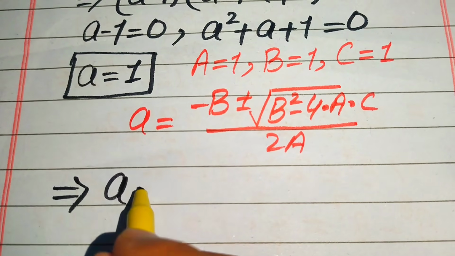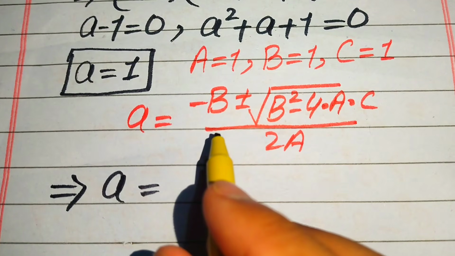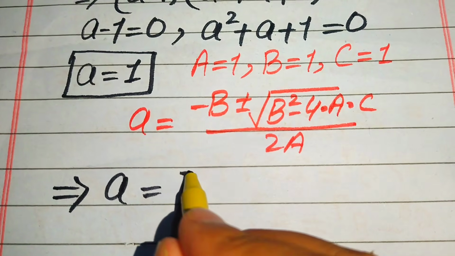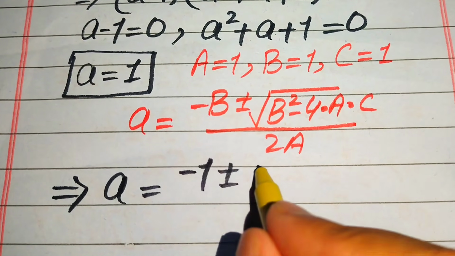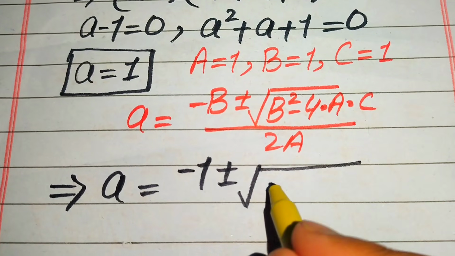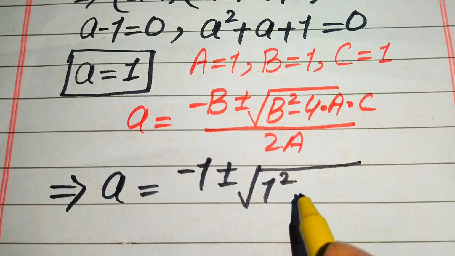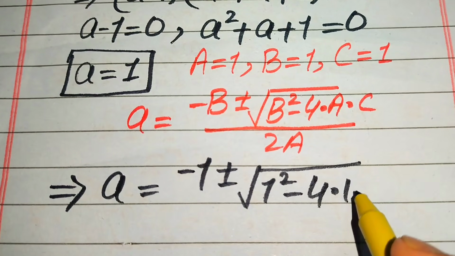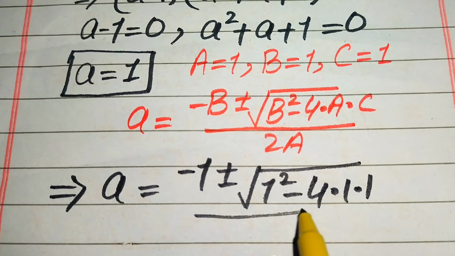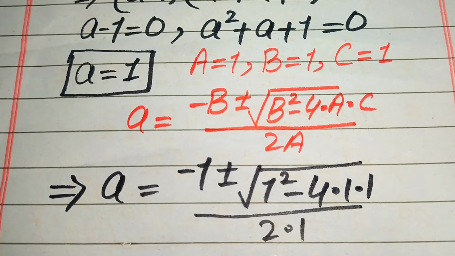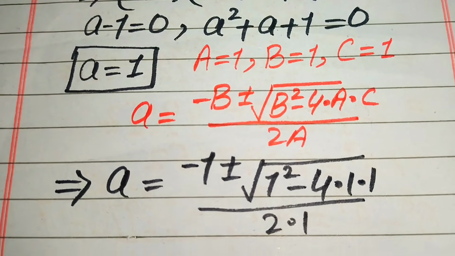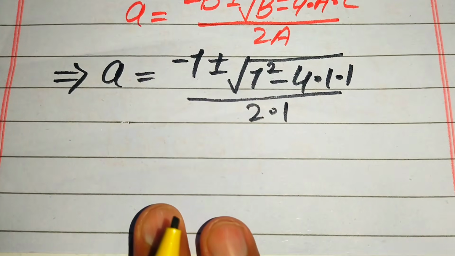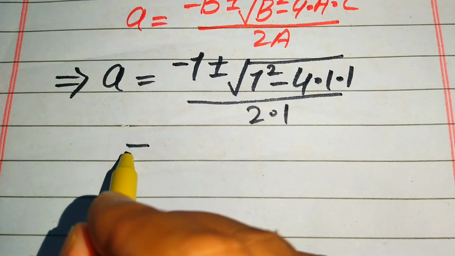So we have a is equal to minus b. The value of b is 1, so it becomes minus 1 plus or minus square root of b squared. b is 1 and becomes 1 squared, minus 4 times a, which is 1, and c, which is 1, and it is divided by 2 times a, and here our a is also equal to 1.